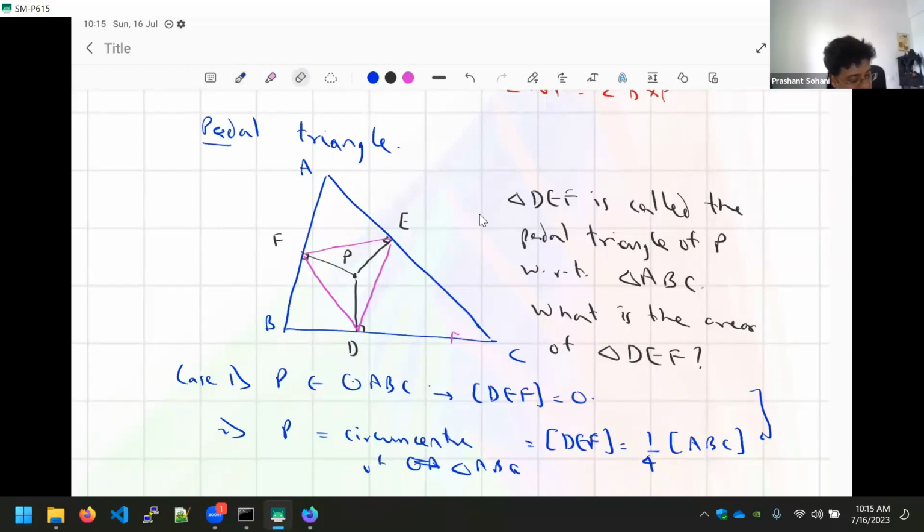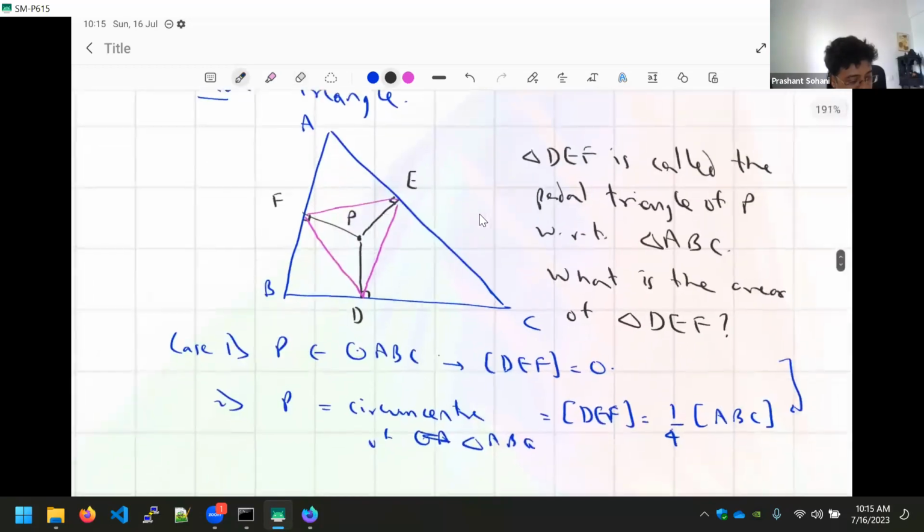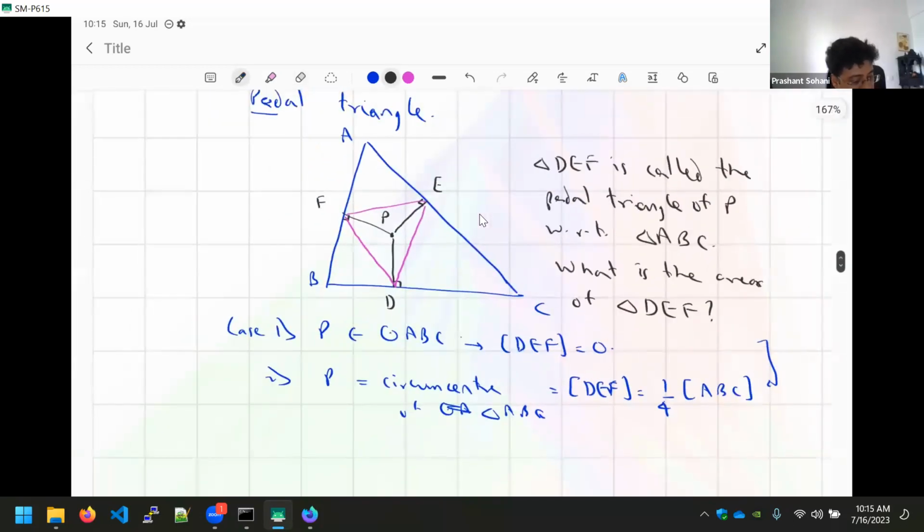Let me give the formula first and then we'll see how to prove it, because looking at the formula may give you some inspiration, and it will be surprising to know that that is the formula.